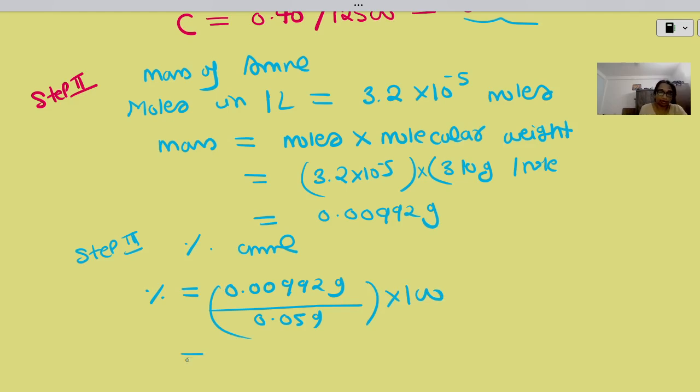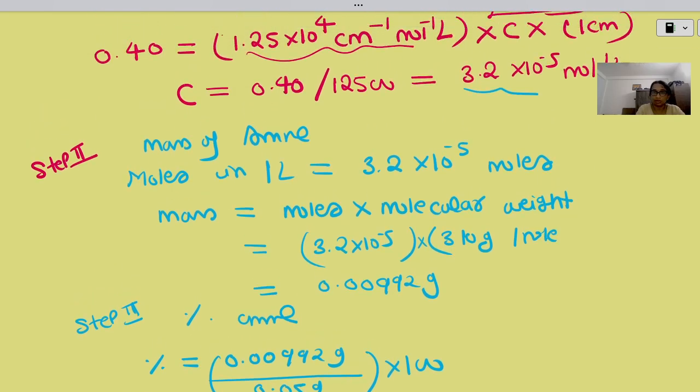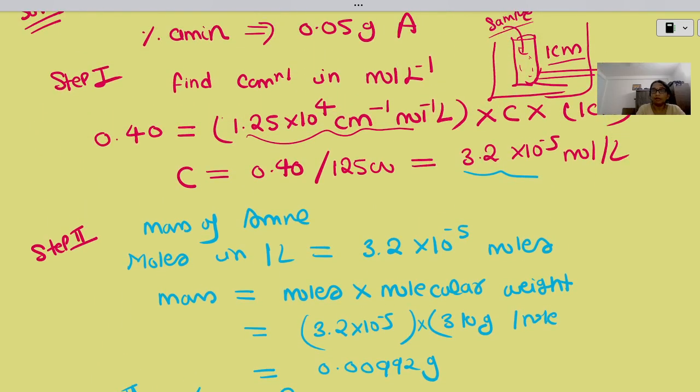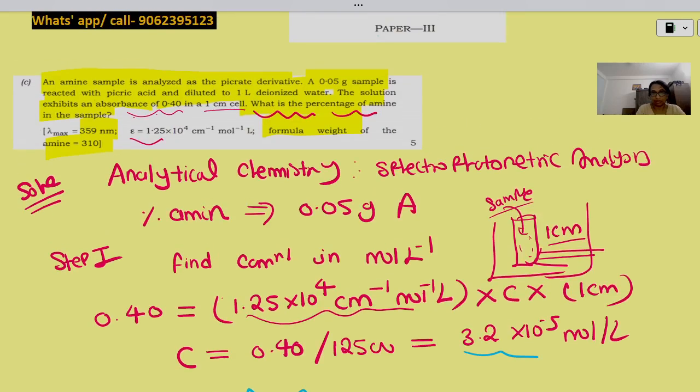After the calculation we get 19.84%. So the percentage of amine is 19.84. You can solve this question in 3 steps with the help of moles and mass. It is the spectrophotometric analytical method. Okay, thank you.